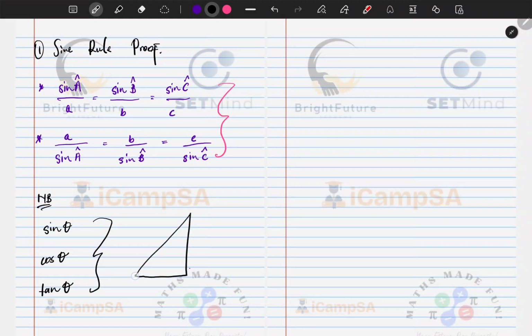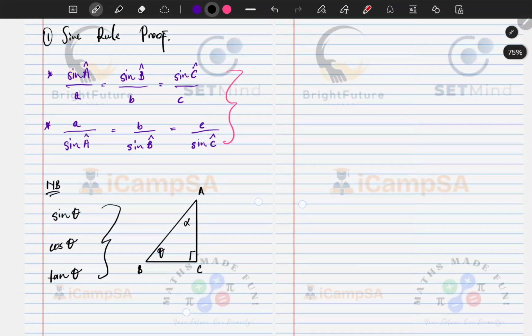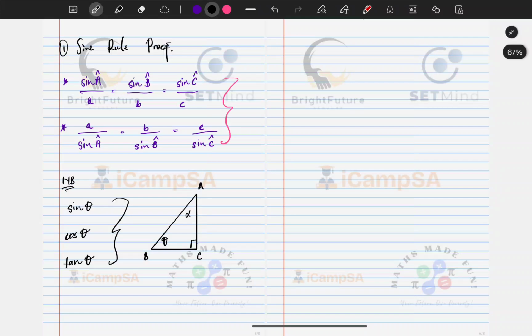It's very important that you note that these are applicable in a right angle triangle. We must always remember that so that we don't make mistakes, because I've seen students making mistakes applying the trigonometric ratios when they don't have a right angle triangle. So this is what we are going to need.